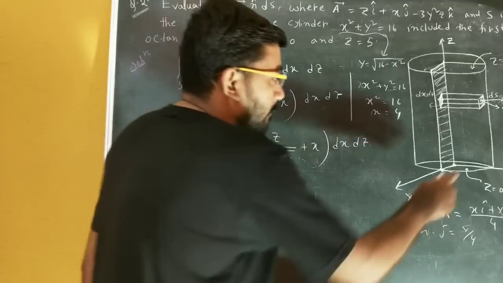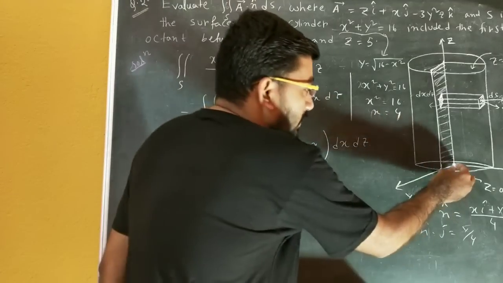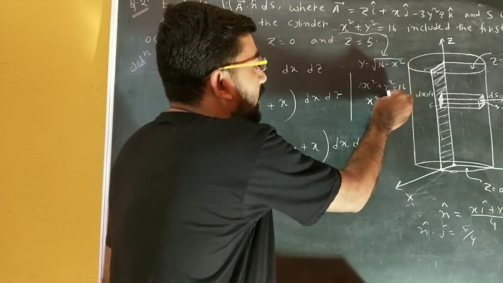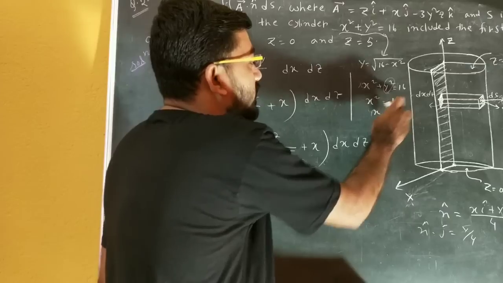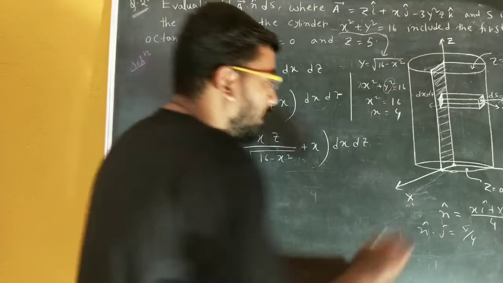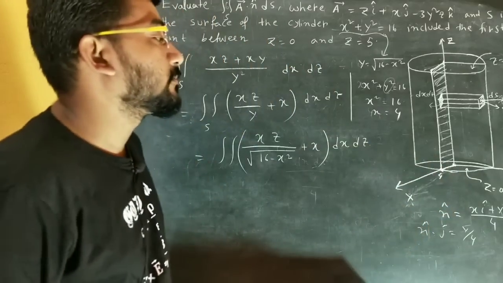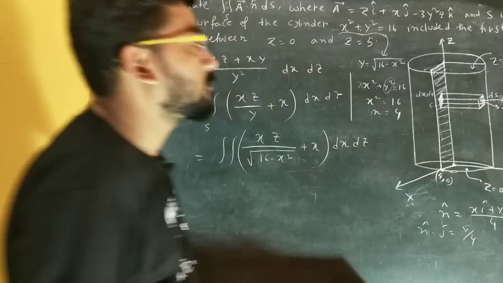At this point you are just going along the x axis, so y will be 0 obviously, and that's why I put 0 here. So x will vary from 0 to 4. This point is 4, 0 on the xy plane.